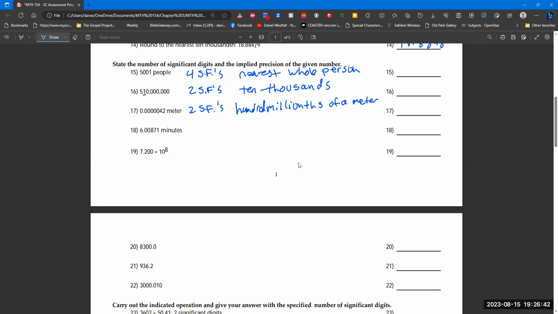Before I go on here, I'm going to say that this is probably better to not talk about in meters. This is probably going to be measured as something like 420 nanometers or something like that, or 0.42 micrometers.